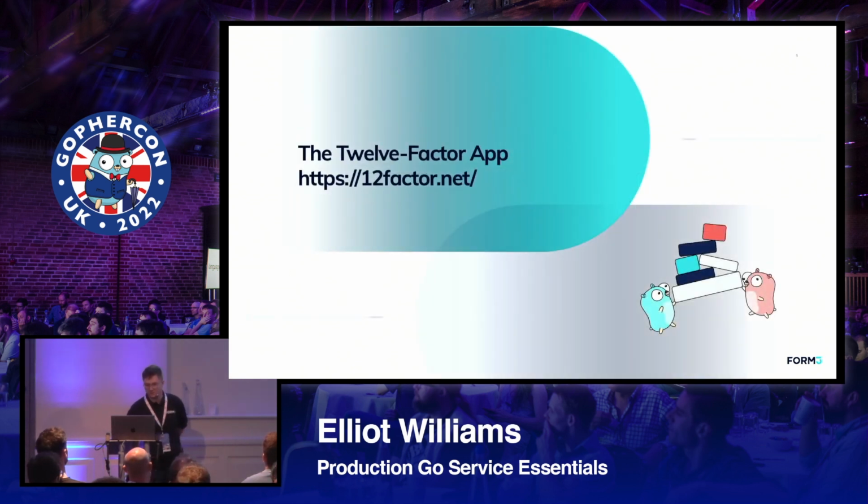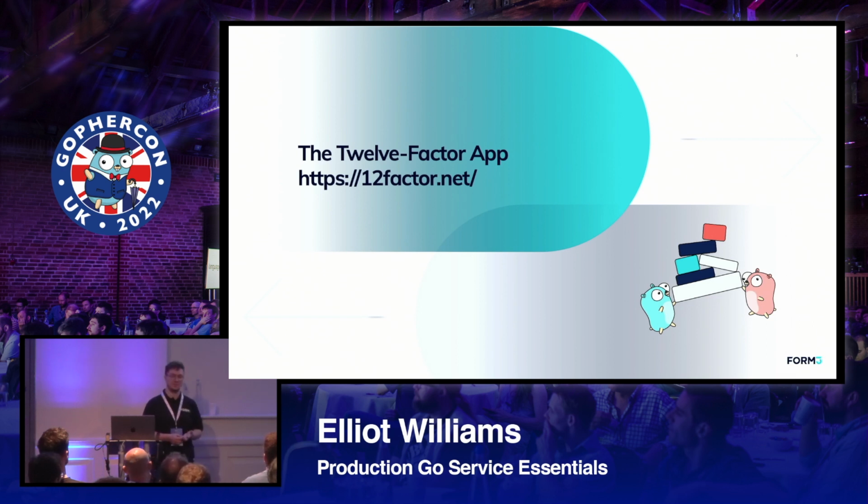Okay, cool. So I've based the first half of this talk on something called the 12-factor app methodology, which a couple of years ago, at least for me, was a really useful resource on how to build and model software as a service applications. It was just a really useful checklist for some design decisions that you should make.